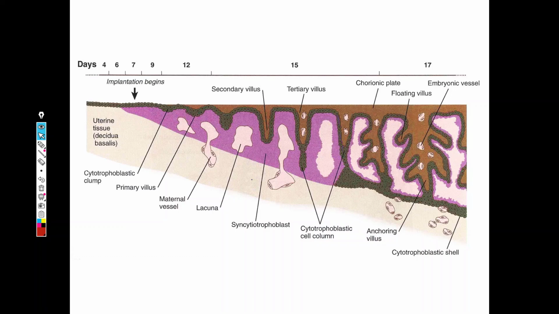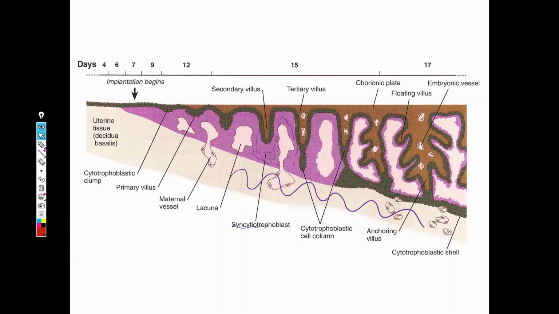Here we have a decidua, so this is decidua. You can see the cytotrophoblast, which is this violet color over here. This is the cytotrophoblast, and I'm sorry, I'm confused. This is the syncytial trophoblast over here. Syncytial trophoblast, it's written right here.